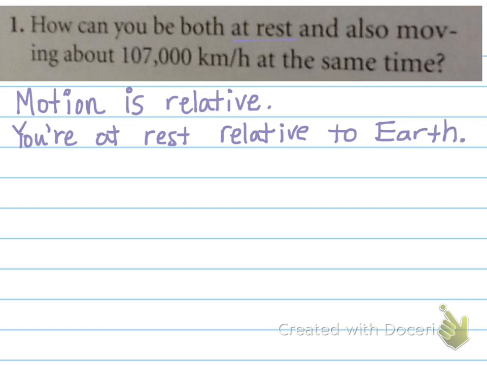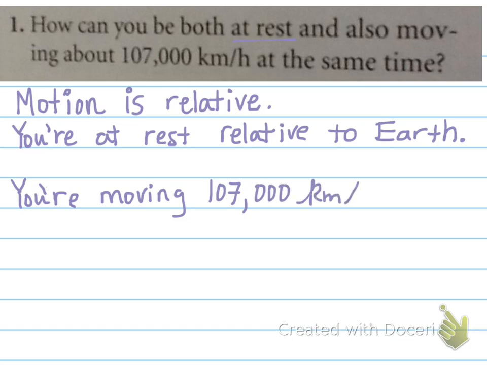However, if you would compare yourself to the sun, you're moving 107,000 kilometers per hour relative to the sun. So again, this is getting at that idea that all motion is relative. It depends on what you're comparing the motion to.